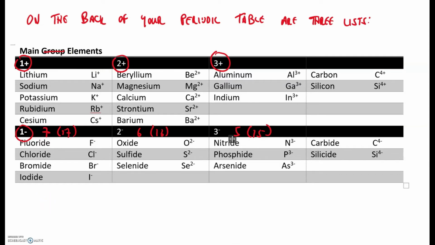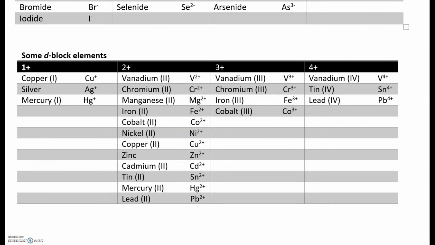Here's another one. Right below that, you'll find this list. It is highlighted by the fact that it says that we have some D block elements. That's these guys. D blocks are also what we call transition metals. And these do some interesting things. Be paying attention, because if you'll notice that some of these elements, for example, vanadium, can form multiple charges.